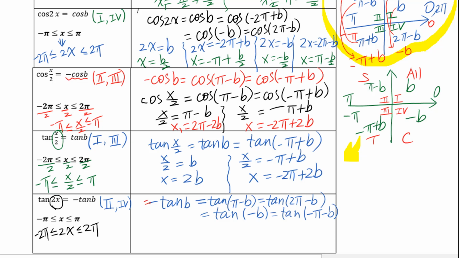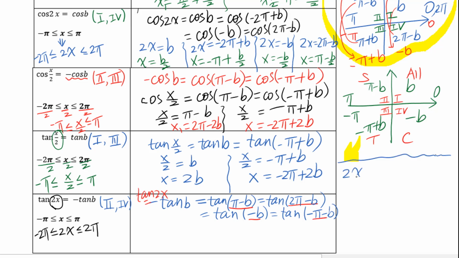Therefore, we will set up 4 equations. You have tangent 2x equals all these 4 angles. Let's set up here.